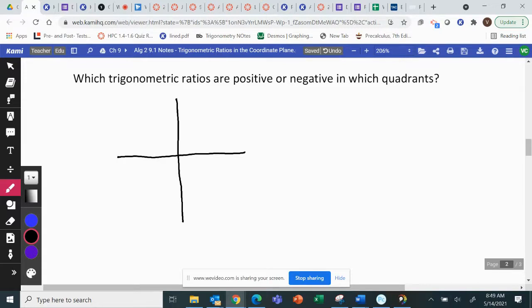Which trigonometric ratios are positive or negative in which quadrants? So our quadrants are 1, 2, 3, and 4. And we're going to make a list of what's positive and what's negative in each quadrant.